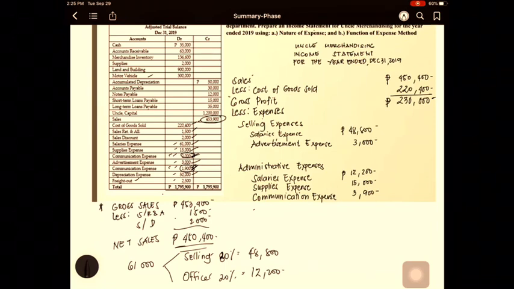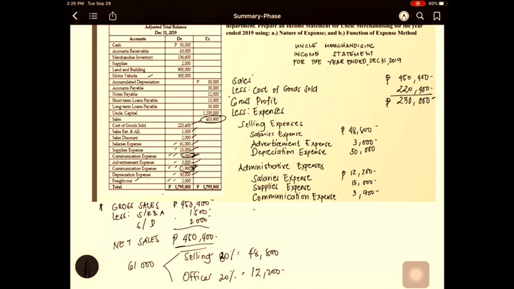Generally, since this is a motor vehicle and a merchandising business, more likely the motor vehicle is used for delivery, right? So let's just consider it as part of your selling expense. So depreciation expense therefore is 50,000 additional to your selling expenses.